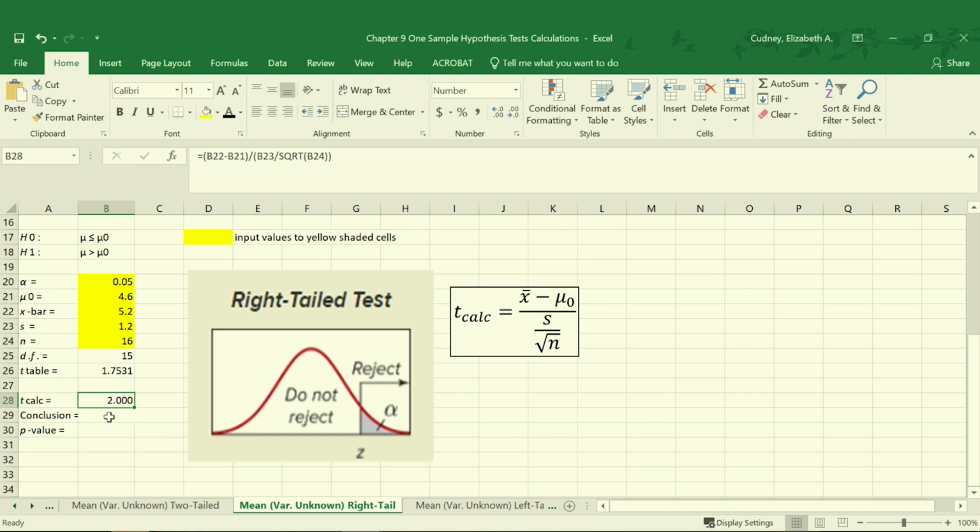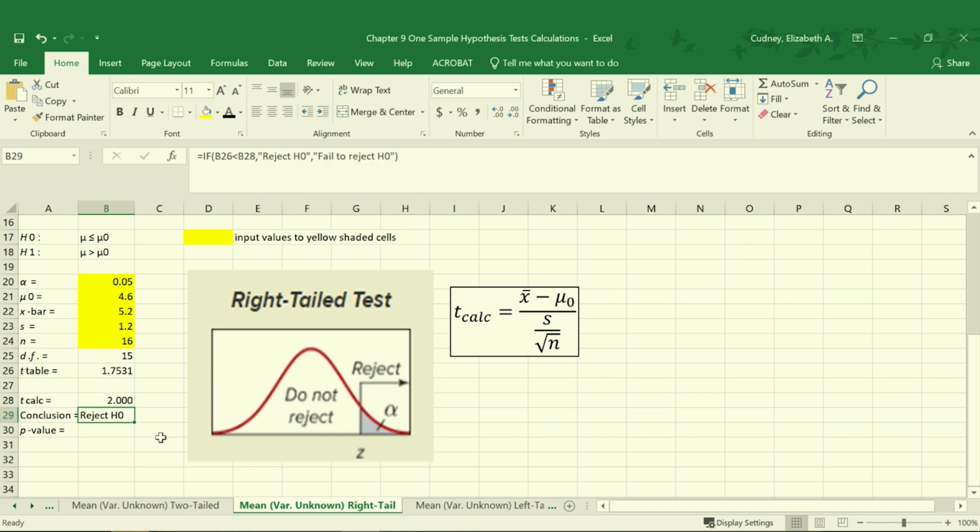That gives us a value of 2.00. So graphically, we can look at our value of 1.75, and we can tell that our t calculation will fall to the right of that, which is in the reject region.